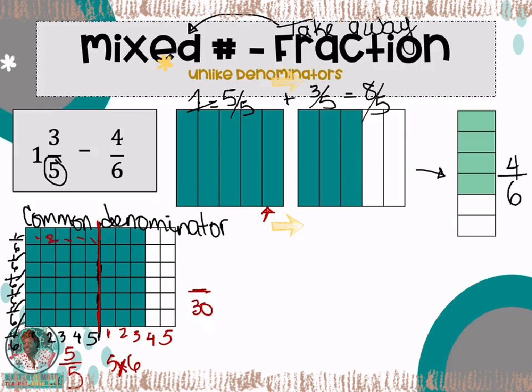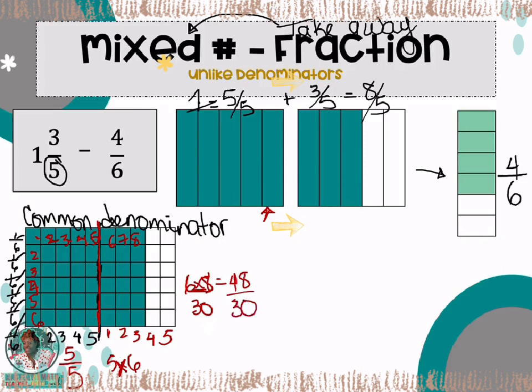So we have 1, 2, 3, 4, 5, 6, 7, 8. And we have 6 going down because we already counted them. 4, 5, 6. And we're doing 6 times 8, which is 48 thirtieths.